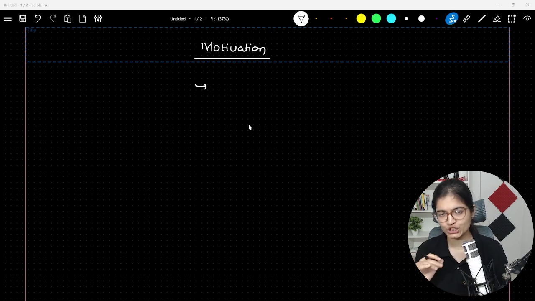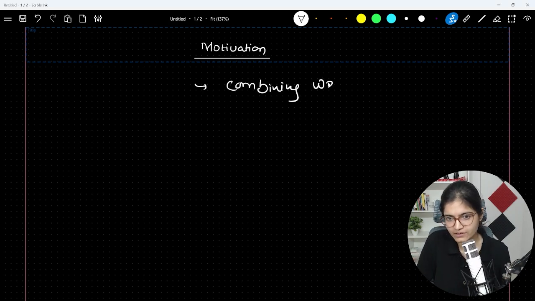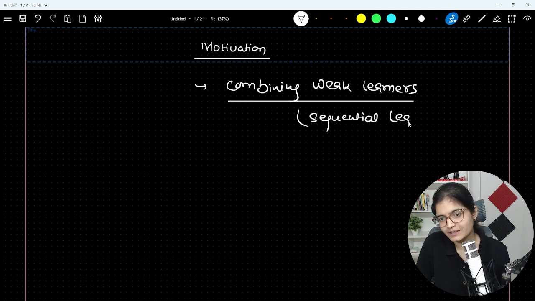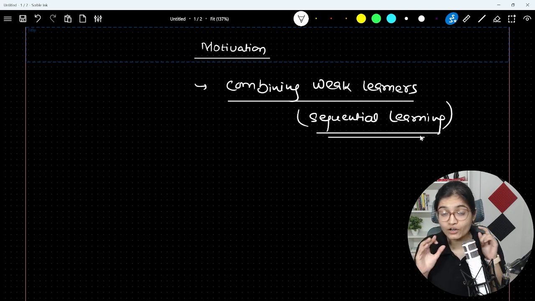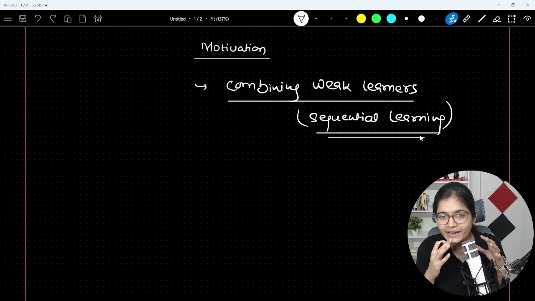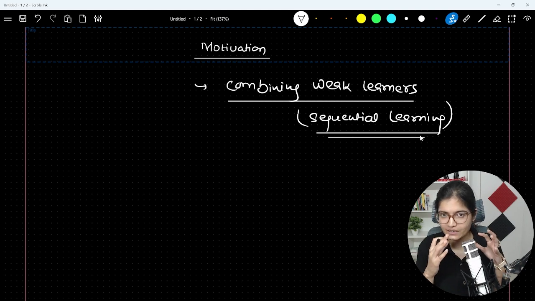The very first thing which I hope you have learned from this introductory module of boosting is that this algorithm simply works by combining weak learners, right? That's why we say it's a sequential learning algorithm. If we have multiple models working together, we are not relying on a single model's result, and that is the main reason why it is called an ensemble.